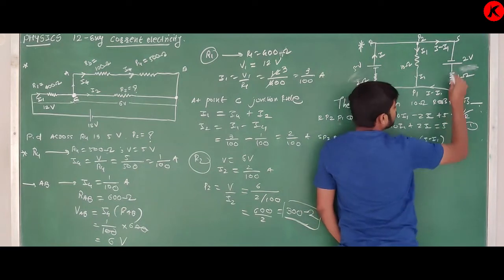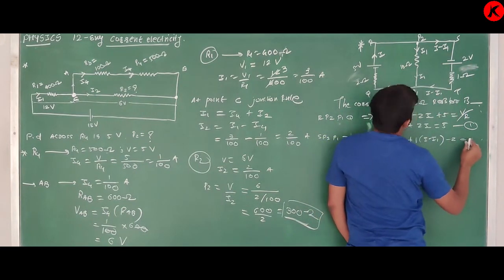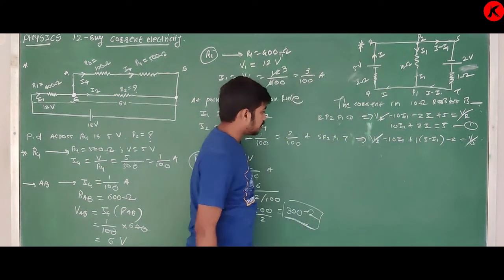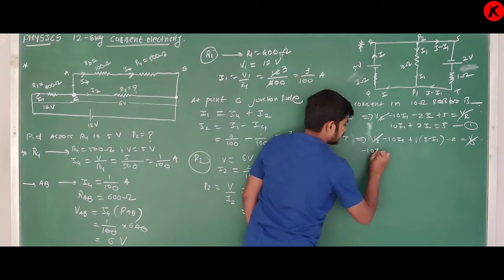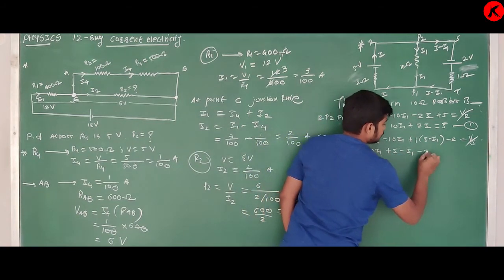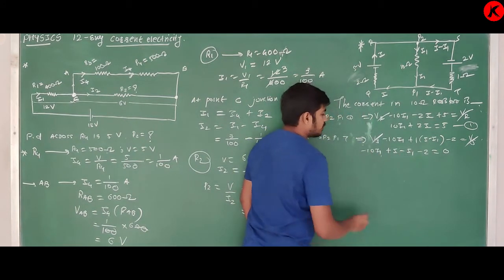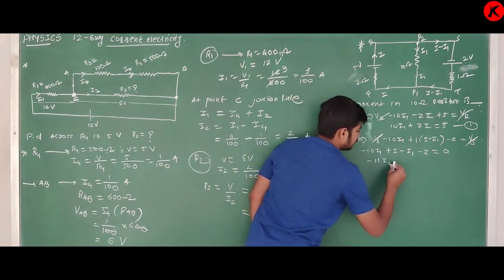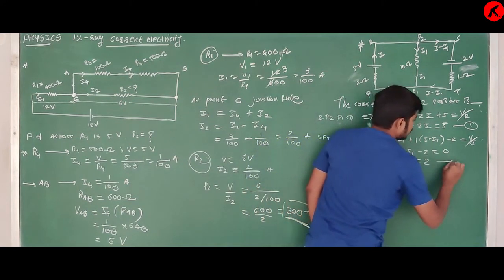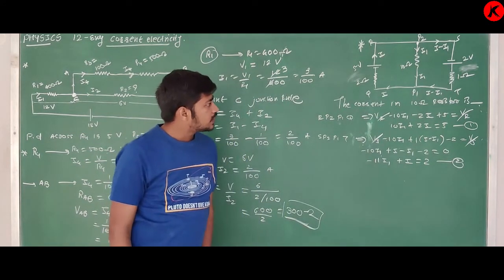Then here it is positive to negative, which is minus 2. Again at S, so Vs cancels. So minus 10 I1 plus I minus I1 minus 2 is equal to 0. Minus 10 I1 minus I1 gives minus 11 I1 plus I is equal to 2. Equation number 2. Any doubt?